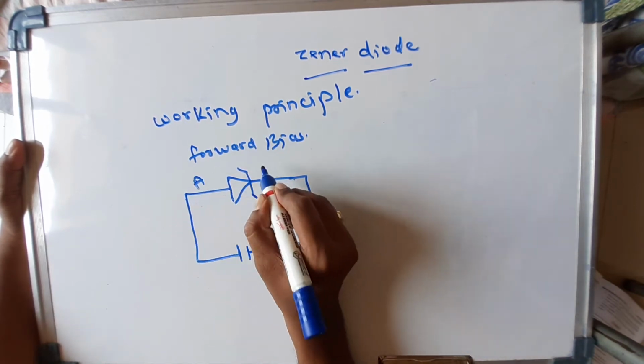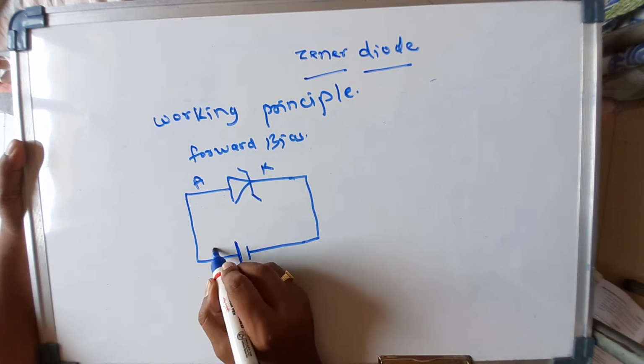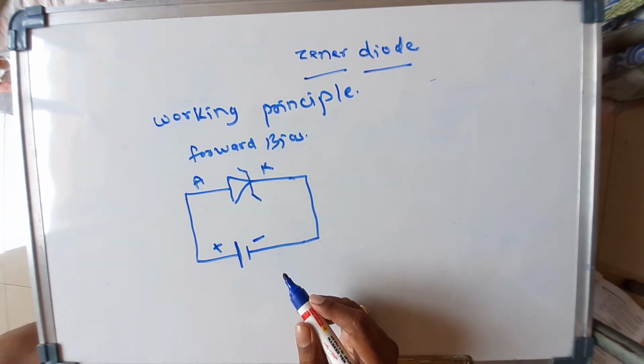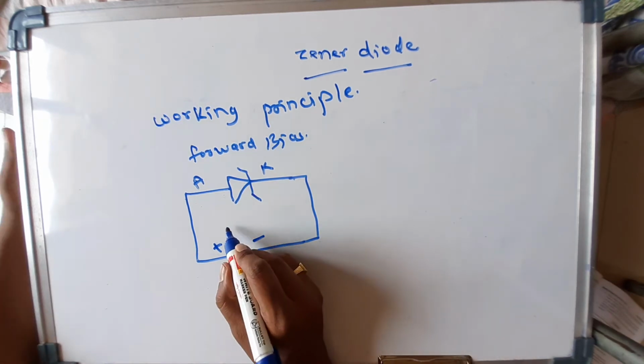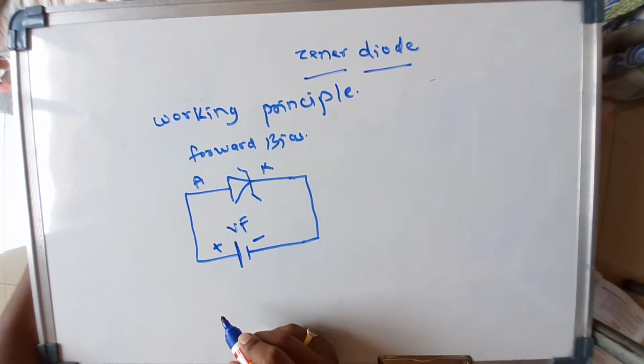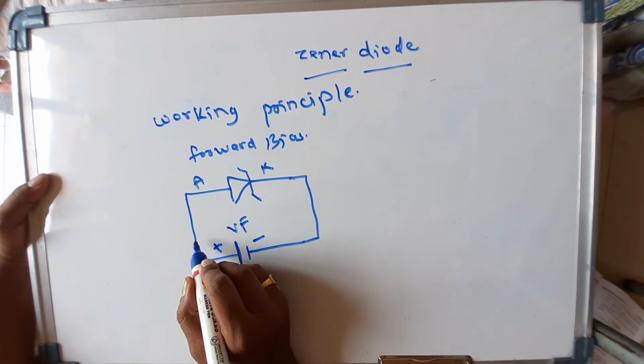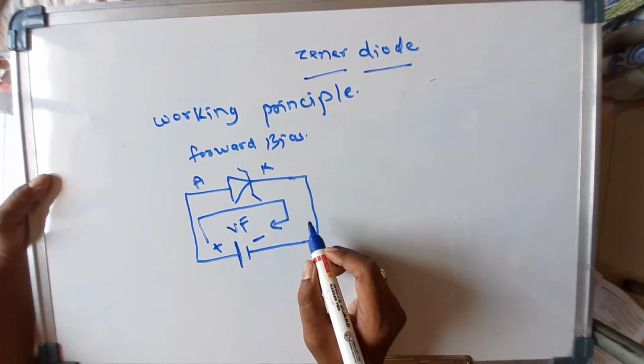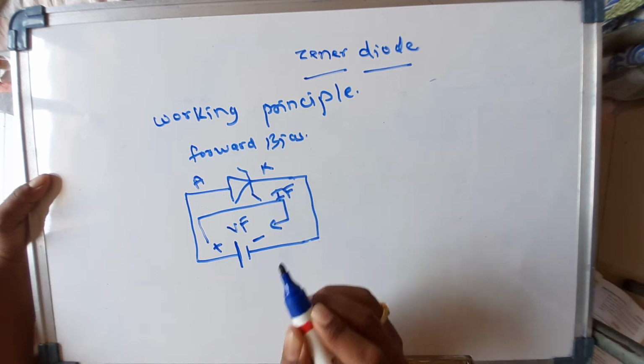This is anode, this is cathode. Anode is positive terminal, cathode is a negative terminal. Okay, so we have to apply the forward voltage Vf. So the current is flowing from where to where? That is from plus to minus. So that current is called as a forward current If.